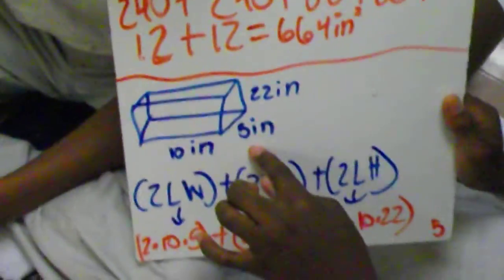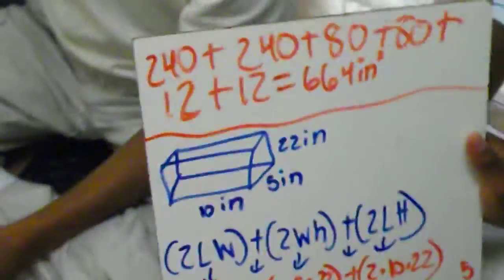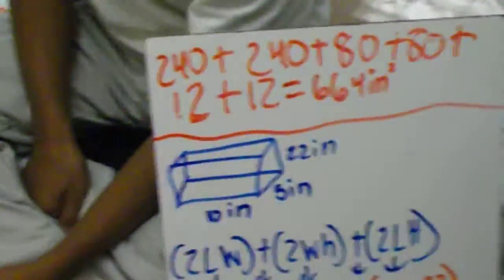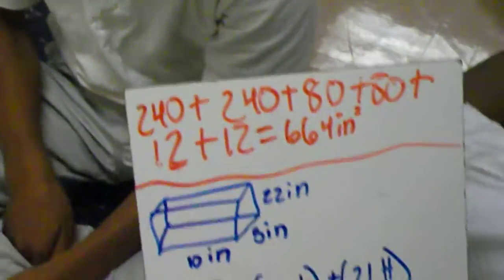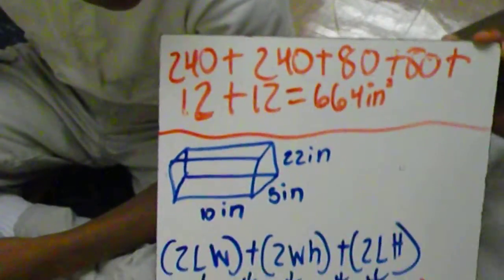Now, here's another problem. Martise, would you like to explain this? Well, from what I have learned recently, I guess that this would be the length, this would be the width, and this would be the height. So that would be 10 inches being the length, 5 inches being the width, and 22 inches being the height.